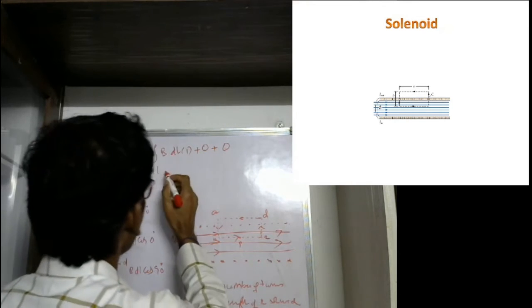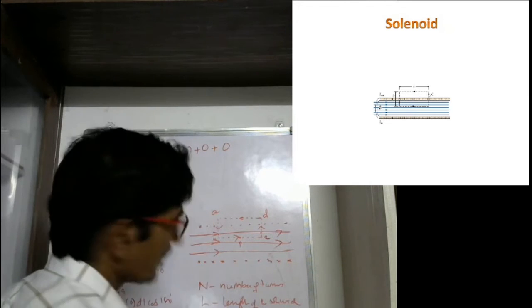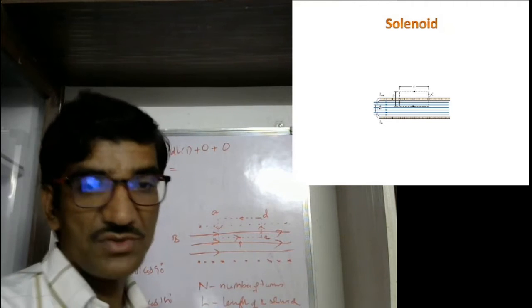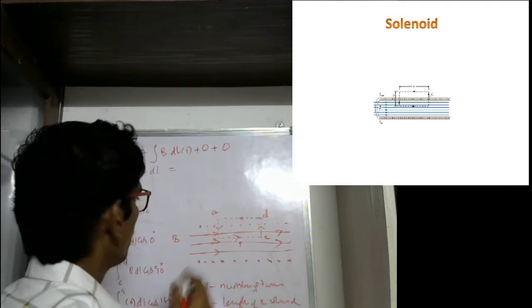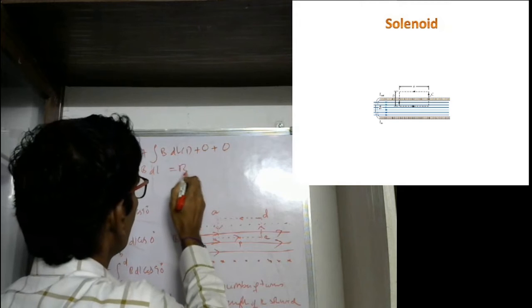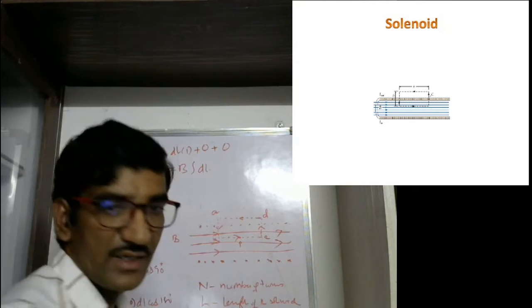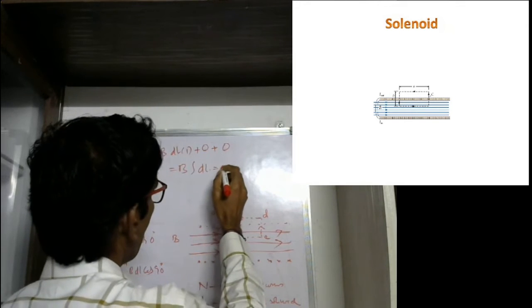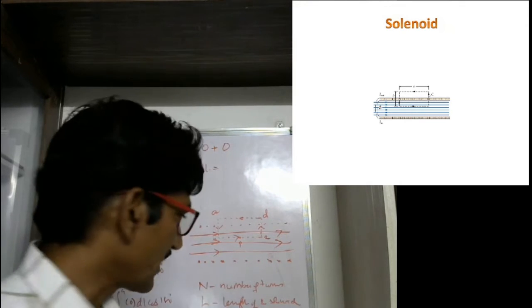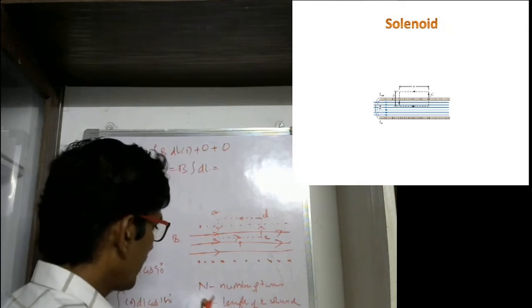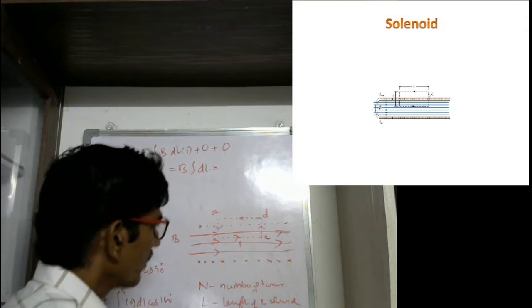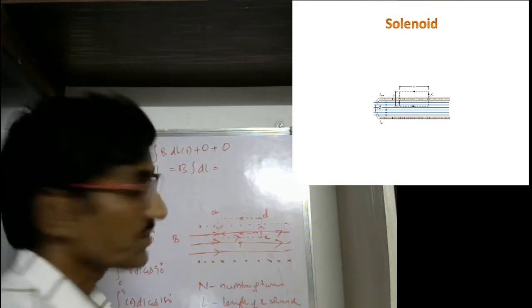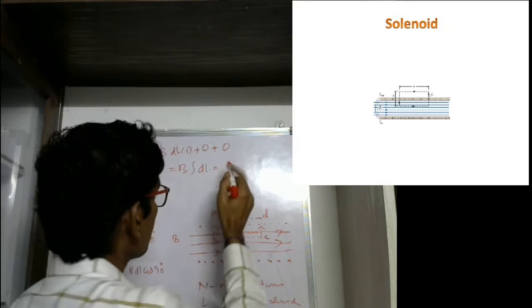You may take B outside because B is uniform; over this line B is the same. So it is B integral dl. What is integral dl? It is simply L, or call it x, the total length.